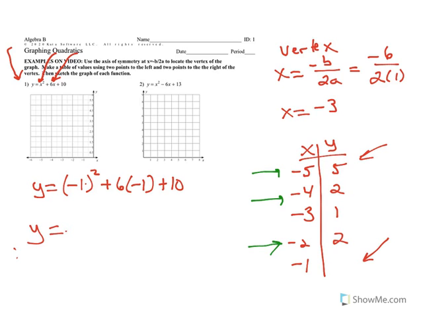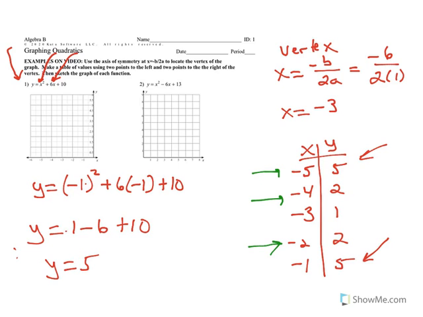So y equals positive 1. Negative 1 times negative 1 is positive 1. 6 times negative 1 is negative 6, plus 10. And if we do 1 minus 6 plus 10, we should get 5. So there is our input-output table.